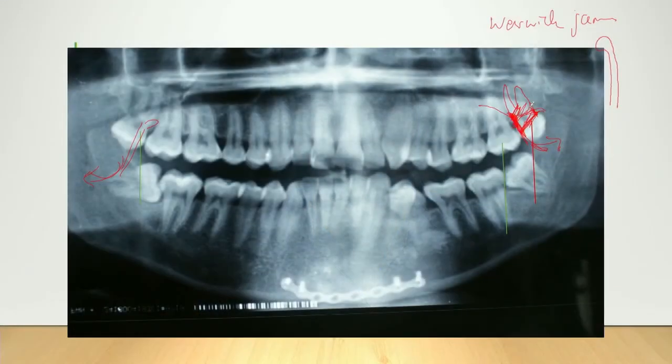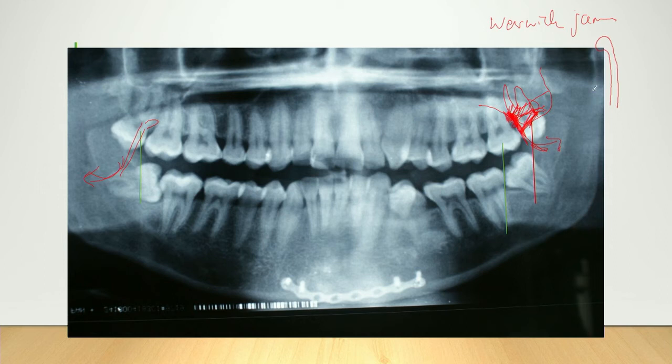With that force, the whole tuberosity will fracture, because that's the thinnest part. If you put your luxator here and put so much force distally, you're going to fracture the tuberosity.